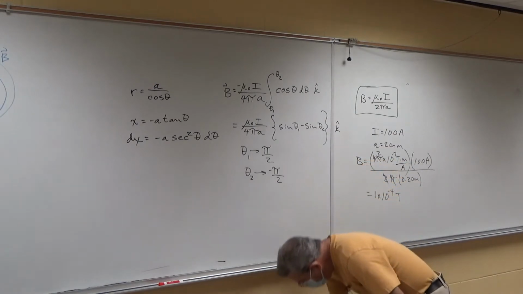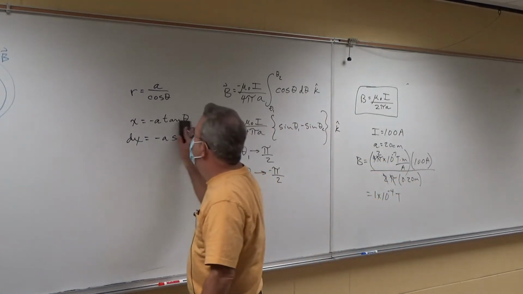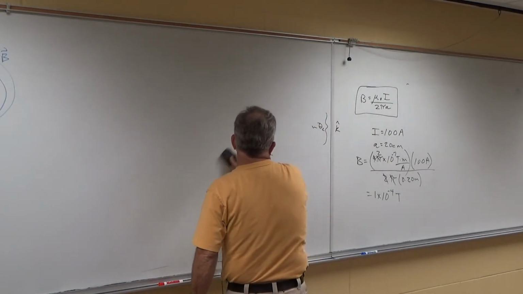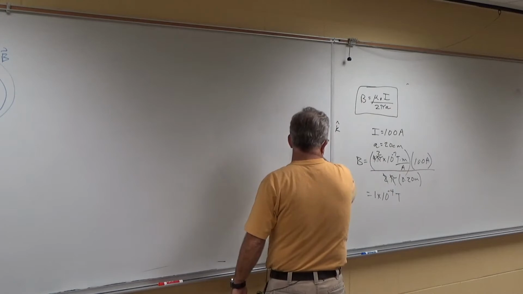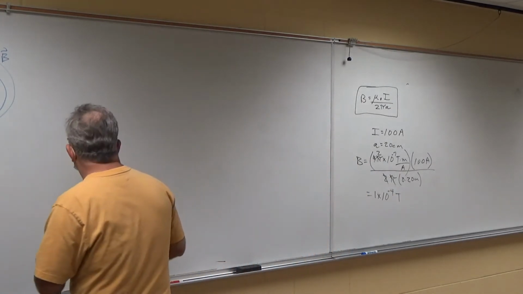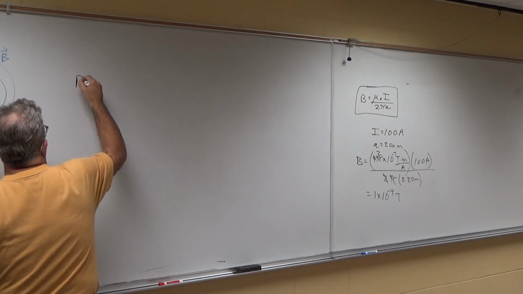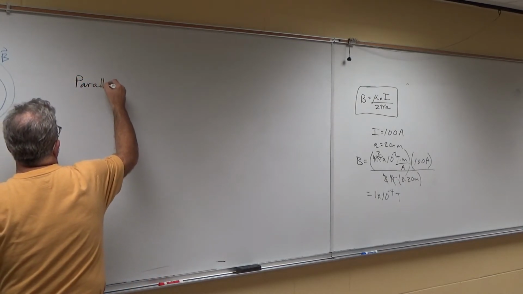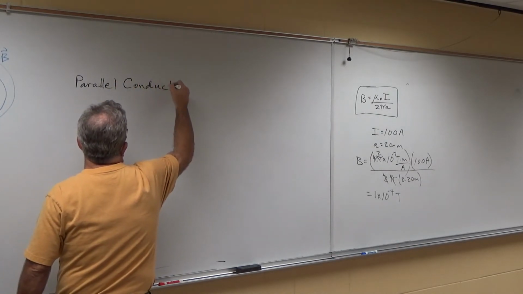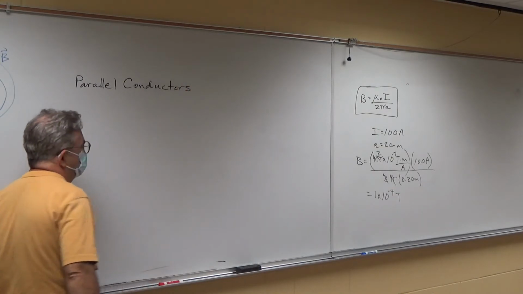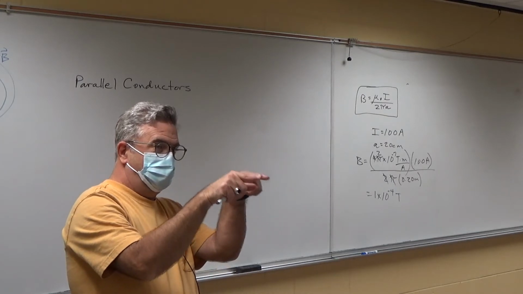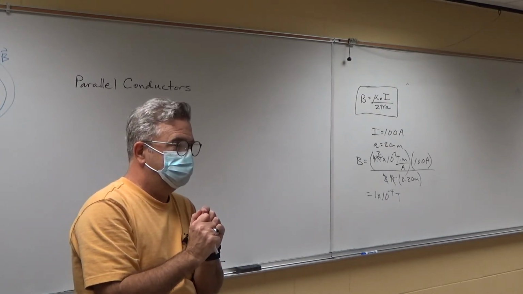All right, so I'm going to combine something that we did previously with this result. We're going to look at parallel conductors. We can do all kinds of fun stuff with these. So I'm thinking of 2 long straight wires that run parallel to one another.